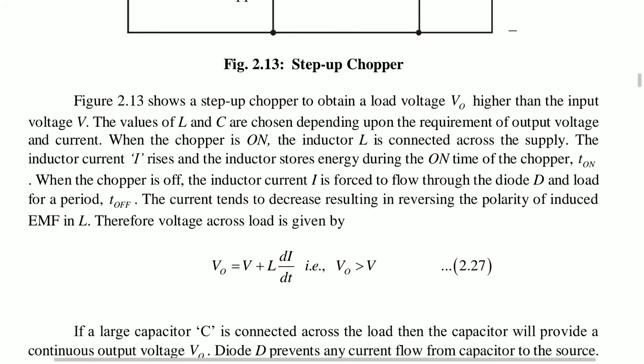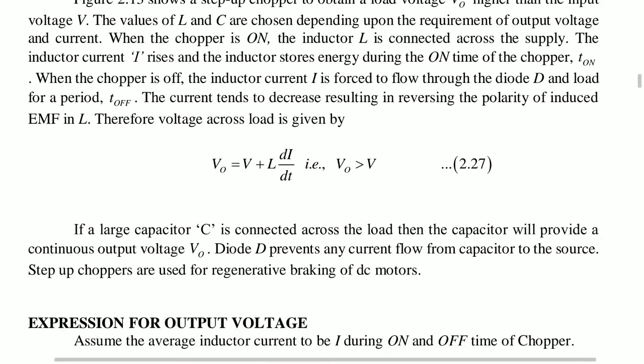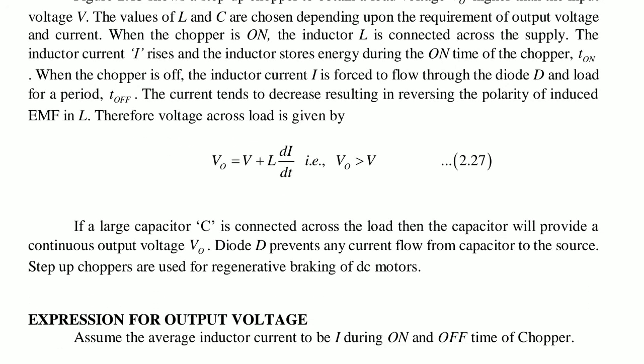One can see from this formula that output voltage VO is the summation of the input voltage, that is VDC, plus L di by dt, the change in inductor current times the inductance value. So the total output voltage we get at the output side will be higher than the input voltage, that is VO is greater than V.